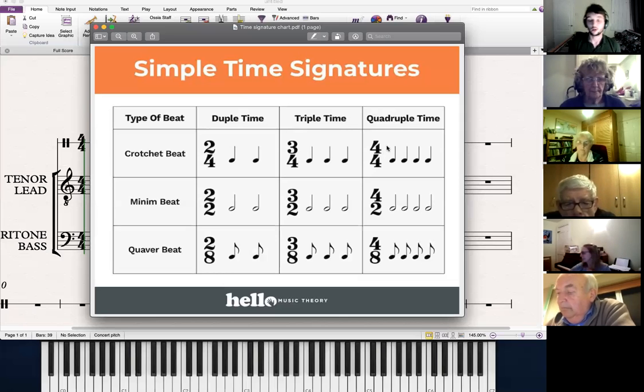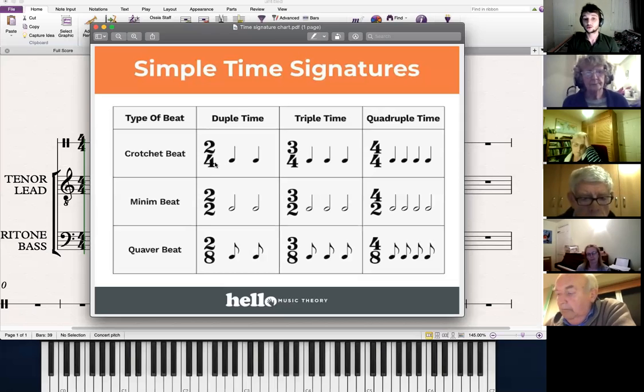Now what you can see here is that the bottom number doesn't change at all, because the bottom number in a time signature denotes what type of beat is in the bar, so how the beats are divided. The number 4 means crotchets.